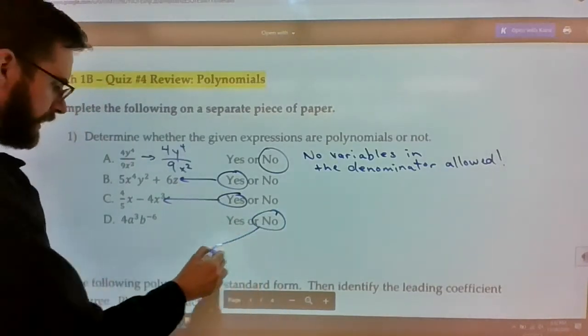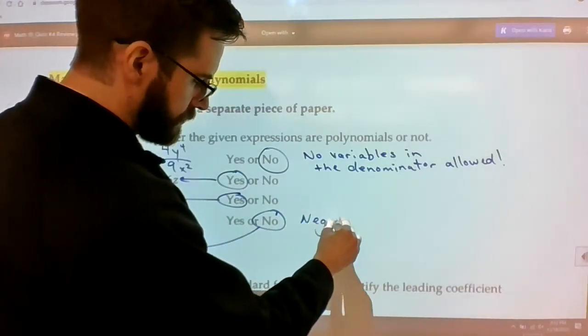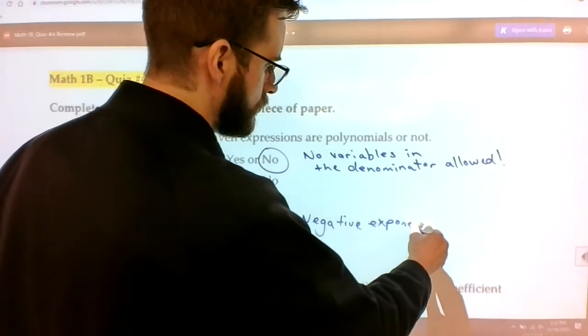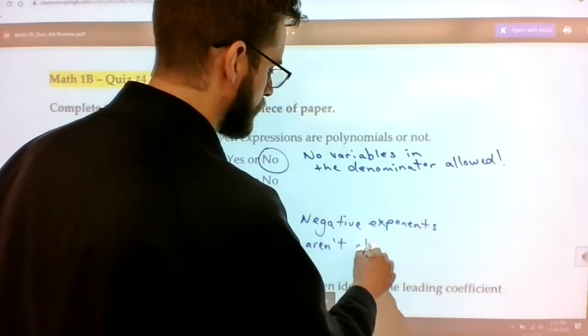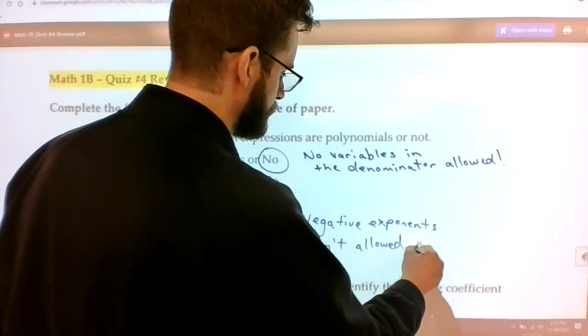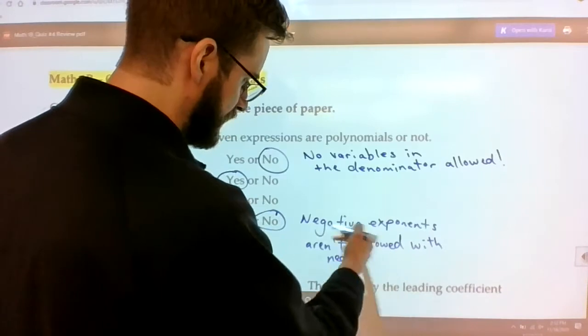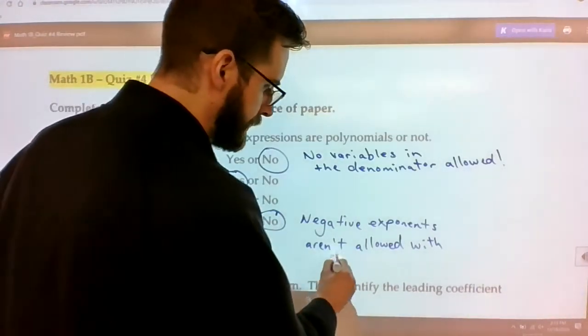This is a no, because negative exponents aren't allowed in polynomials. With polynomials, that's what I mean.